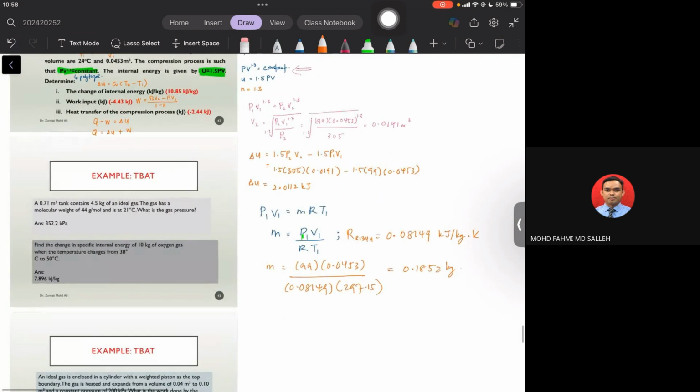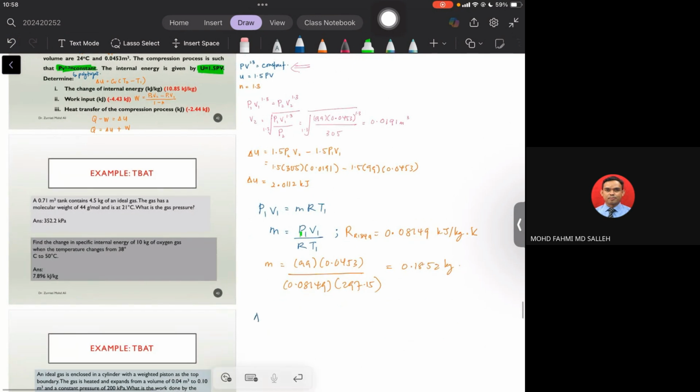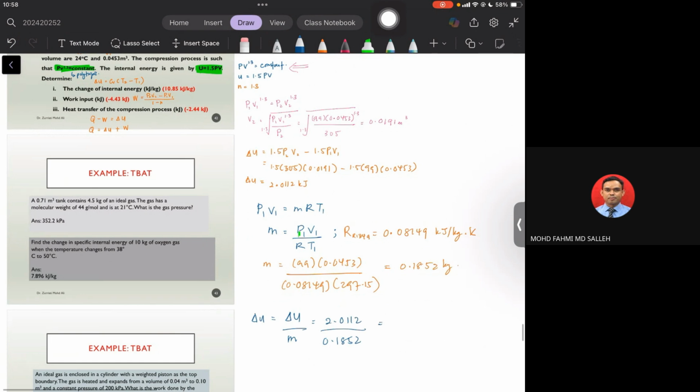So in order for you to get the change of internal energy in kilojoule over kilogram, you're going to divide delta U by the mass: 2.0112 kilojoule divided by 0.1852. So you're going to get over here, the answer will be 10.8596 kilojoule over kilogram.